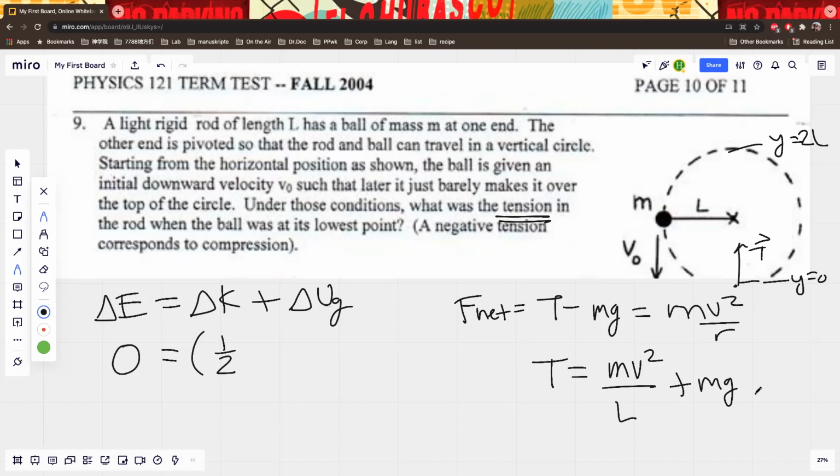Now, if we did that, we have the initial velocity for sure. What's the final velocity? Yeah, that's what we're trying to find, final velocity. So is the velocity in mv squared over L different from the final velocity?